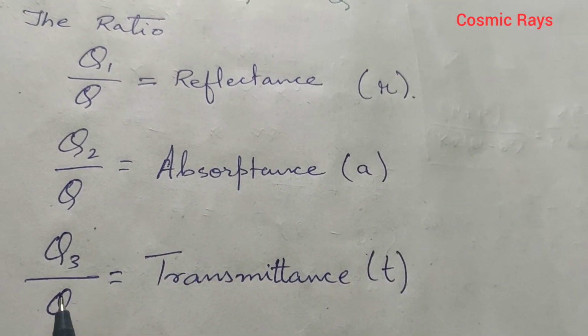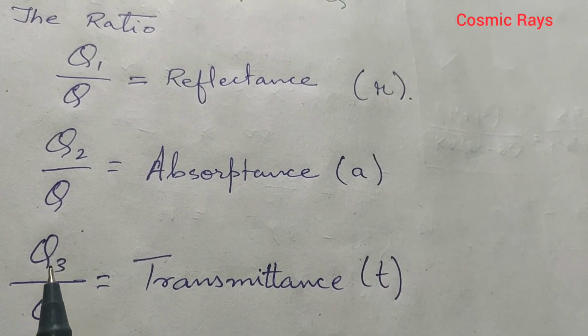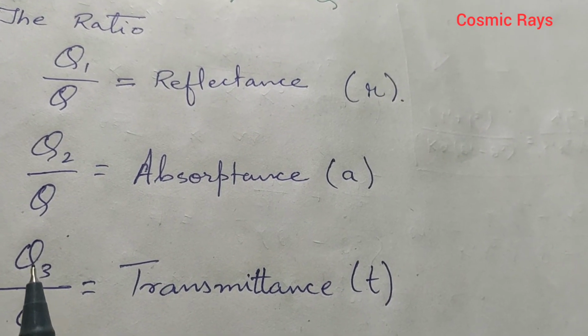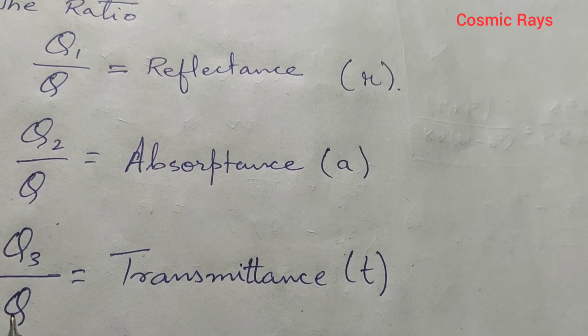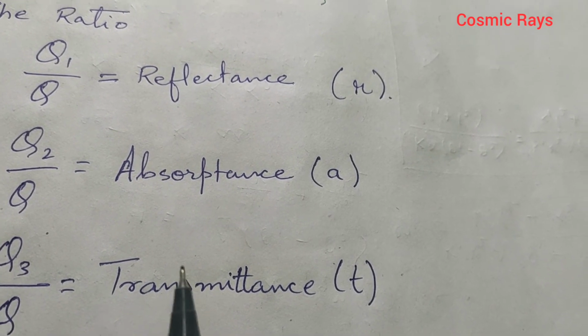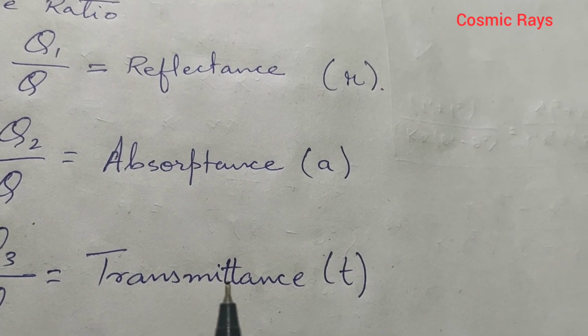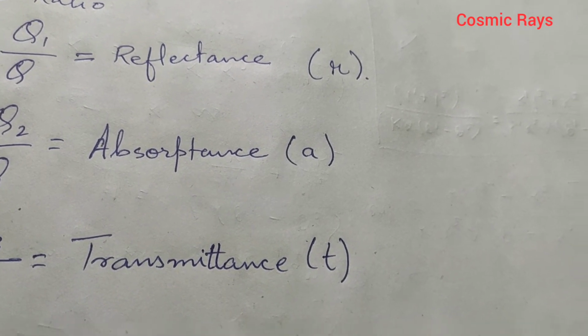And then we have Q3 upon Q. Q3 is the part which is transmitted by the surface, and Q is the total heat falling on the surface. So this ratio is known as transmittance, which is denoted as small t.